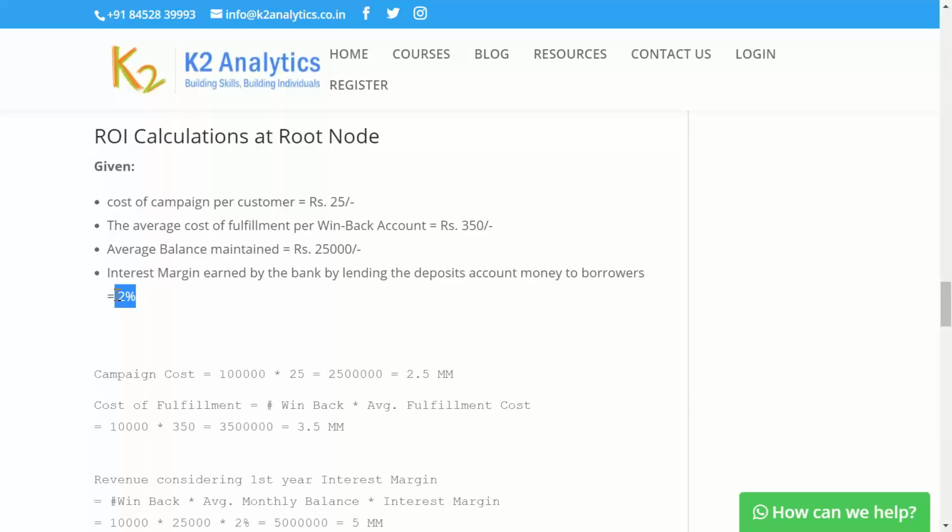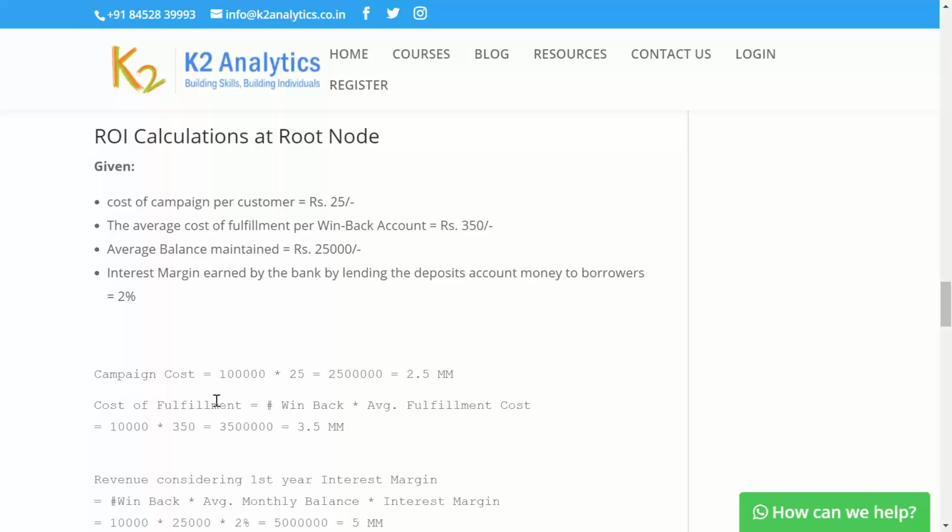So let us do some ROI calculation. What will be my campaigning cost? In this case, we are targeting 100,000 customers, that is 1 lakh customers, at the root node, at a cost of 25 rupees. So my cost of reaching out is 25 lakh, that is 2.5 million.